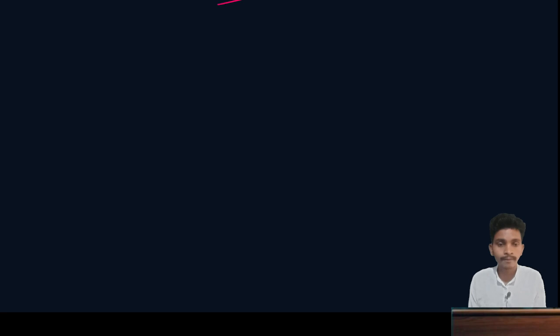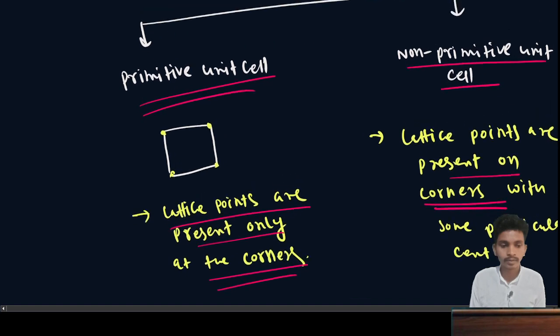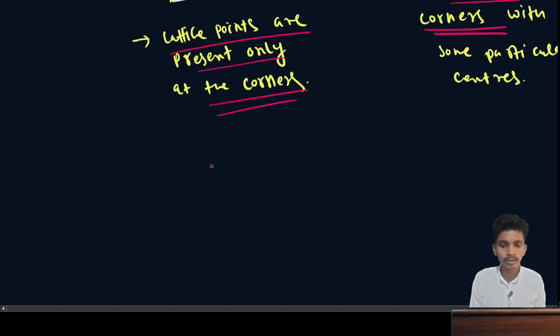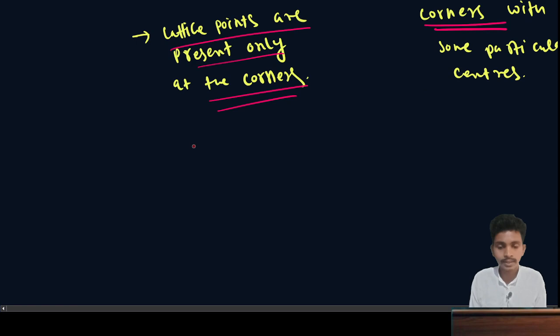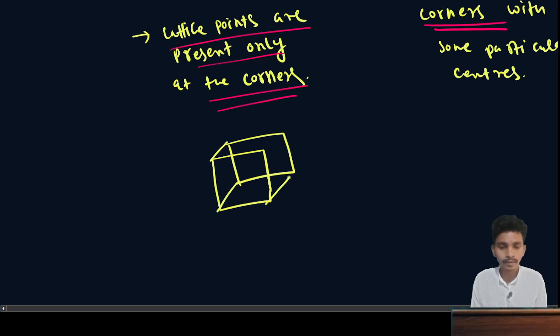So primitive unit cells, like the simple cubic lattice, are examples of primitive crystalline solids, where the lattice points are present only at the corners.